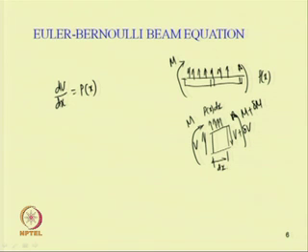Then V dx plus M will be equal to p dx, this is the force, acting at a distance of dx/2. So the resulting equation will be dM minus V dx minus half p(x) dx squared equal to 0.